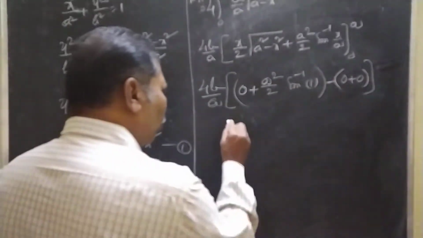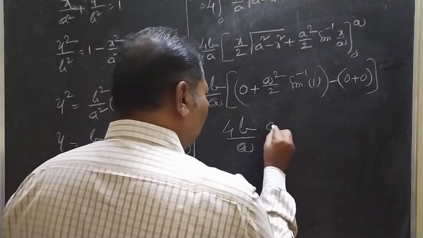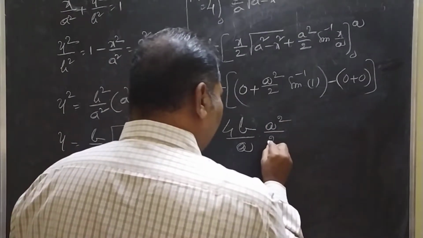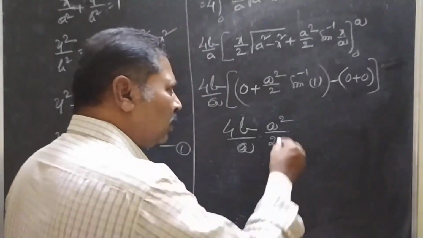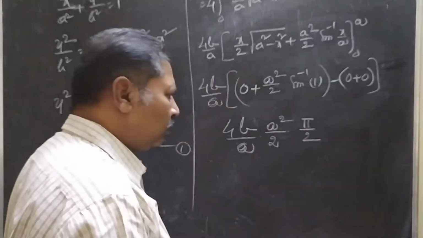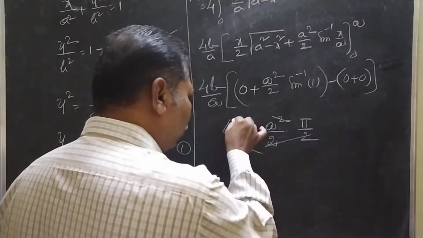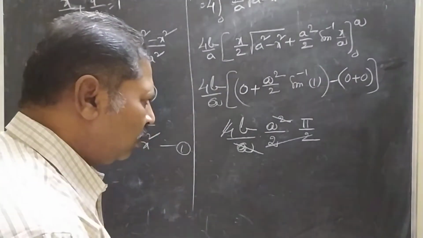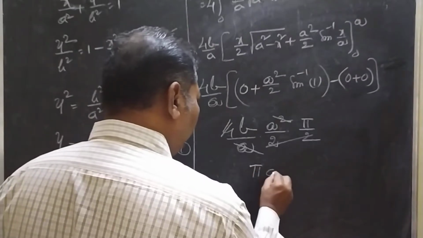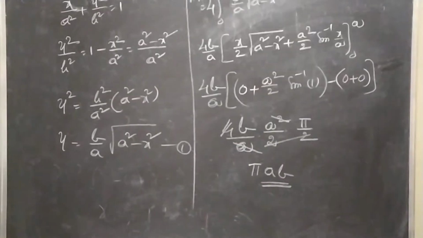So 4b by a into a square by 2 sin inverse 1, value pi by 2. a cancel, 4 cancel. So the answer is pi ab. Answer is pi ab.